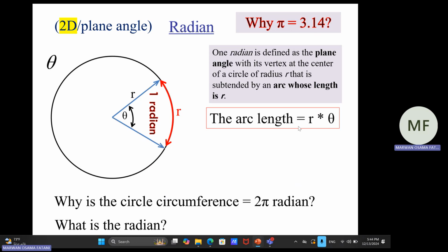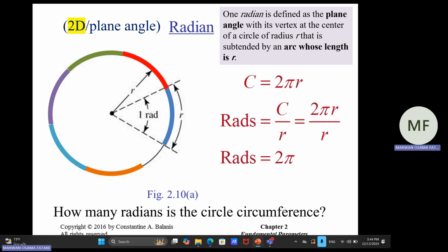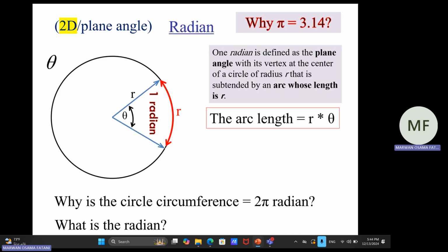And we can find the arc length as r times theta, which is this whole thing right over here, and the circumference is equal to 2 pi radians. Now take that concept and try to apply it onto a sphere. So the radian basically is the unit of angle where the arc length equals the circle radius. So one full circle is going to equal 2 pi radians.